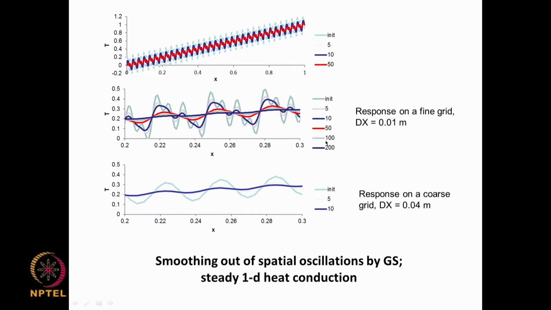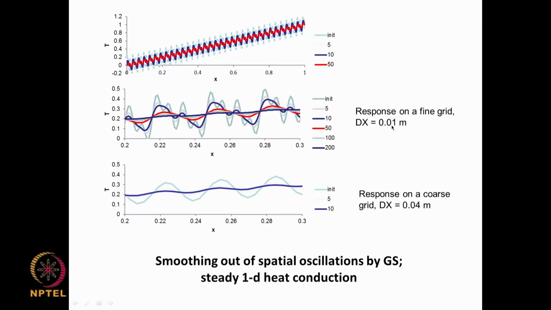So what has taken you 200 iterations or 100 iterations to come up to this variation, you have achieved in 10 iterations on a larger grid, because on this large grid this variation is like a short wavelength variation. So the same Gauss-Seidel method with a delta x spacing of 0.01 or 0.002 here is taking 100 iterations to reduce this wavelength error in the red thing, but it is taking only 10 iterations on a grid spacing which is 4 times bigger.